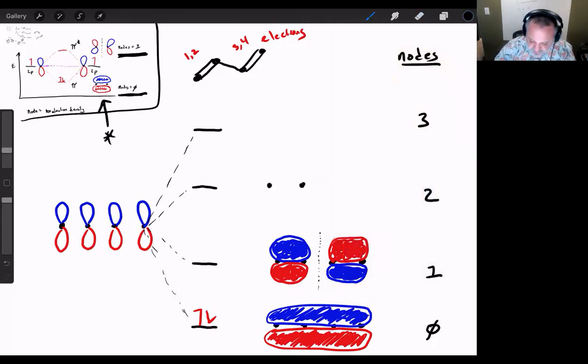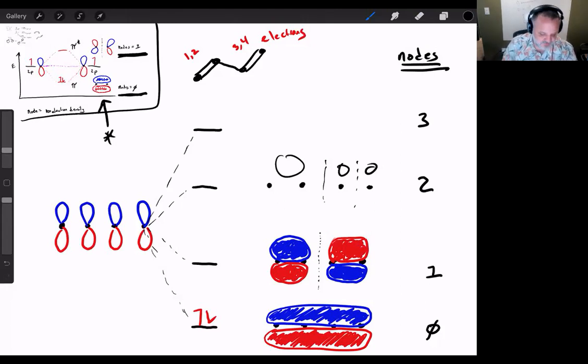So let's show this next combination. How many nodes should there be here? In this case, we should end up with 2 nodes. And this is where it comes in to be a little tricky, in that you have to think about symmetry. I could have 2 nodes right here, 1, 2, but that leaves a big space here and 2 smaller spaces there. That's unsymmetrical.